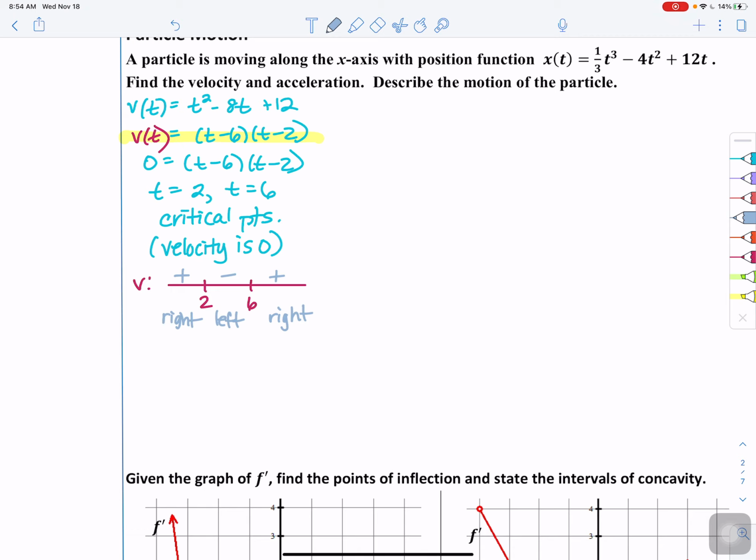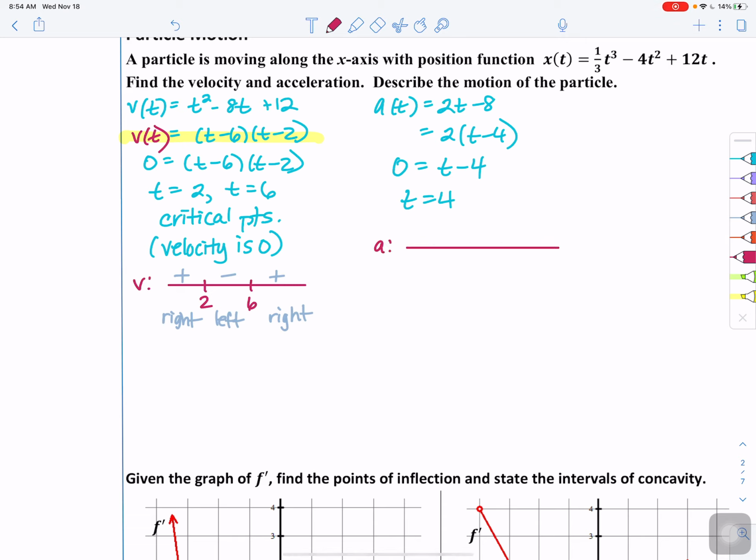So that's pretty nice. Okay, let's go to the acceleration. It's just the derivative of velocity, which is 2t minus 8. Factoring a 2 out, you get t minus 4. So the acceleration is equal to 0 at t equal to 4. So if we make a sign chart for the acceleration, it goes there.